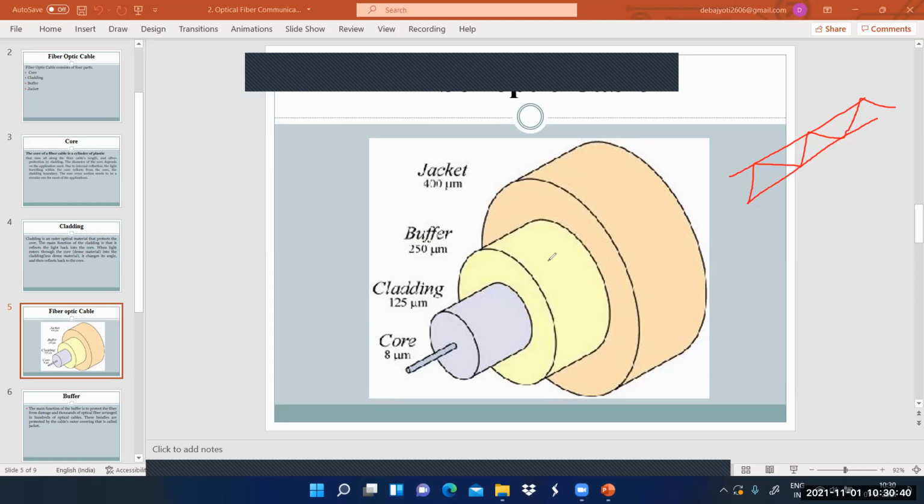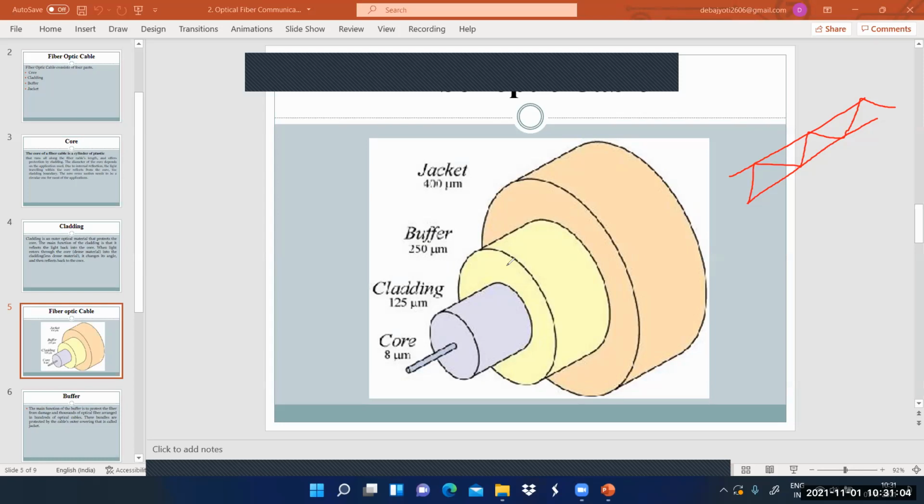The bundles are protected by the cable's outer covering, which is called the jacket. The diameter of the jacket is 400 micrometer. So first this is the core, this is the cladding, and this is the buffer. The main function of the buffer is to protect the optical fiber cable, and the outer layer of the buffer is called the jacket.